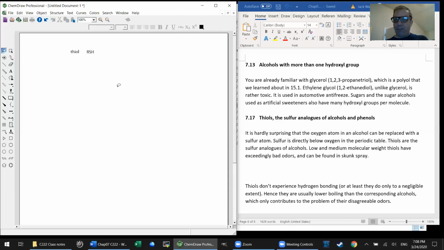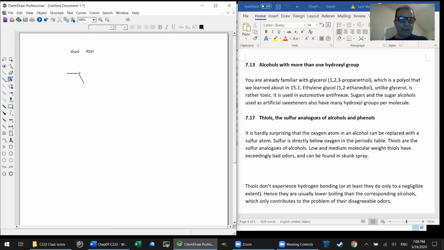Sulfur is right below oxygen in the periodic table. Unlike oxygen, sulfur can become hypervalent. So it's okay to have more than 8 electrons around sulfur. In the case of thiols, it is only 8 electrons around it. I can even draw it out. 2 of them are in bonds, and 2 of them are in lone pairs. So it looks very much like an alcohol.